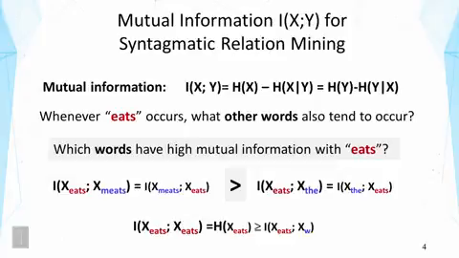So we're going to compute the mutual information between eats and other words. And it's basically based on the same intuition as in conditional entropy: words that are strongly associated with eats will tend to have high mutual information, whereas words that are not related will have lower mutual information. I give some examples here.